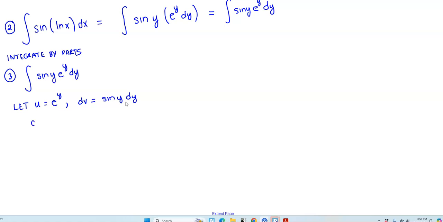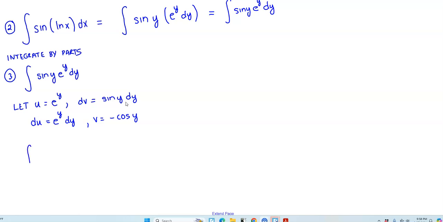And so therefore we get du, which is going to equal e to the y dy, and v is going to equal the negative cosine of y, since that's the antiderivative.